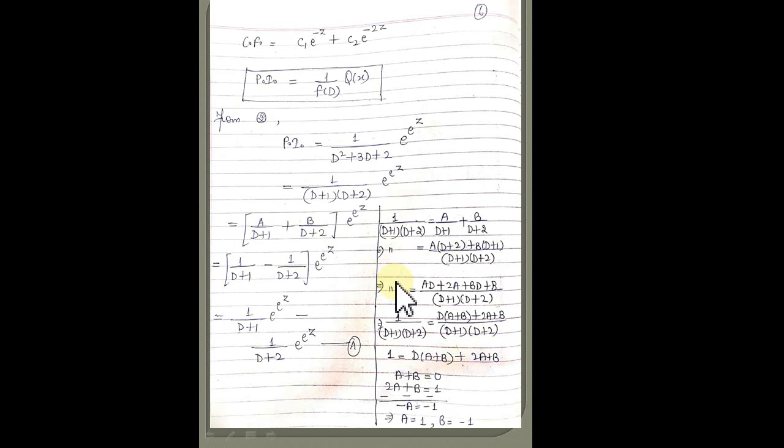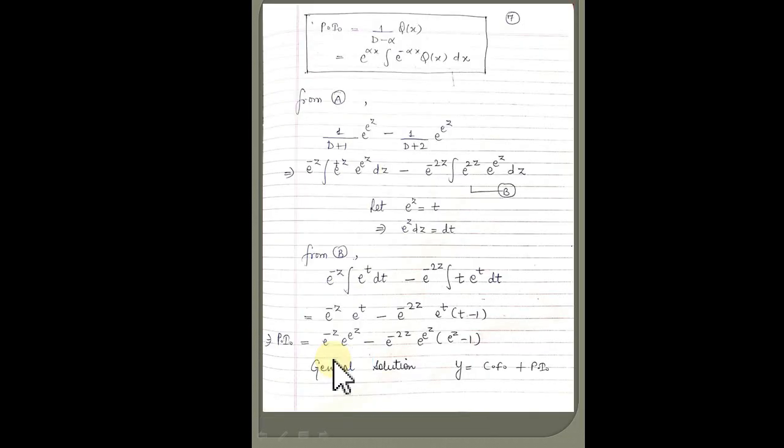Now simply using the partial fractions method we are getting this equation number A. And now we have to solve these two parts, and for this we have one formula: 1 upon (D minus alpha) of Q(x) is e raised to the power alpha x integration of e raised to the power minus alpha x Q(x) dx. So from equation number A we can write this term, equation number B.